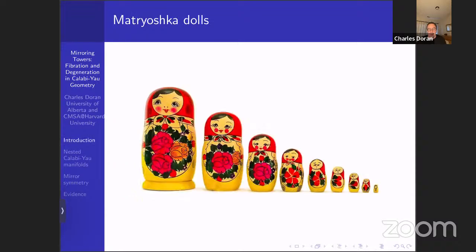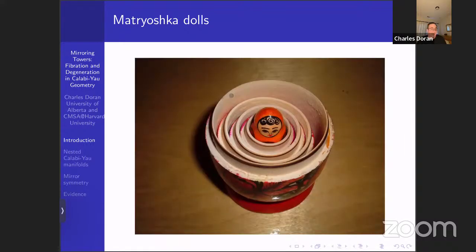Okay, so the paradigm I want you to have in mind is Matrushka dolls. We have these dolls of different sizes, and they all look more or less the same, although the level of detail gets rather low when you get towards the small one. And Matrushka dolls have the wonderful property that they nest. They sit one to the next, to the next, to the next. And I want us to think of these as being different dimensional Calabi-Yau manifolds, as we'll soon see.